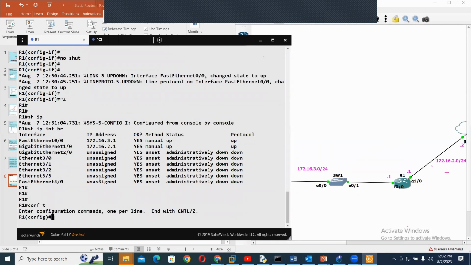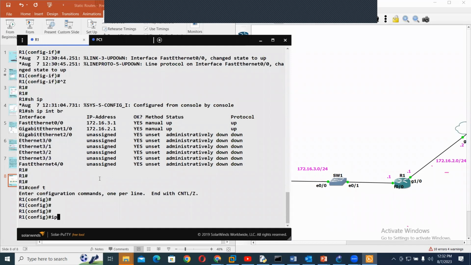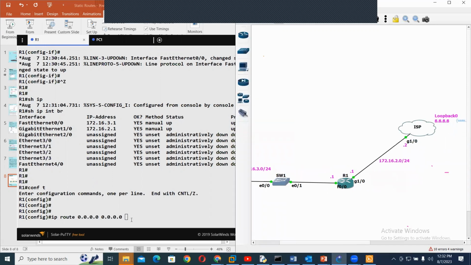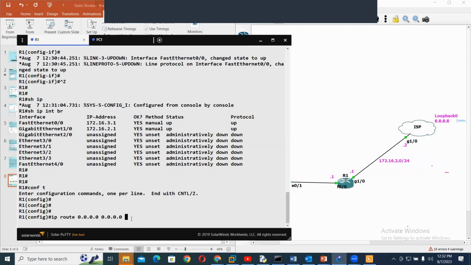Now let us configure the static route. IP route, any network, any subnet. Our next hop is the service provider, 172.16.2.2.